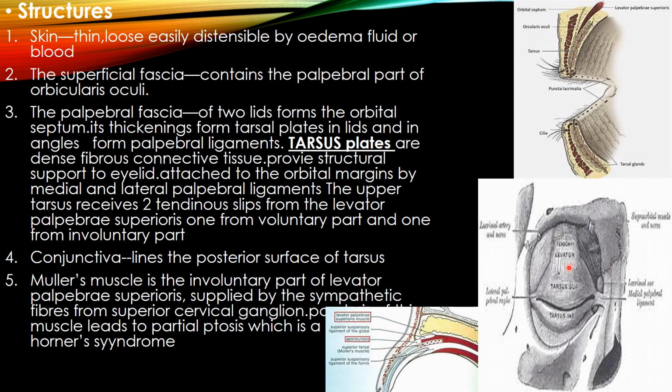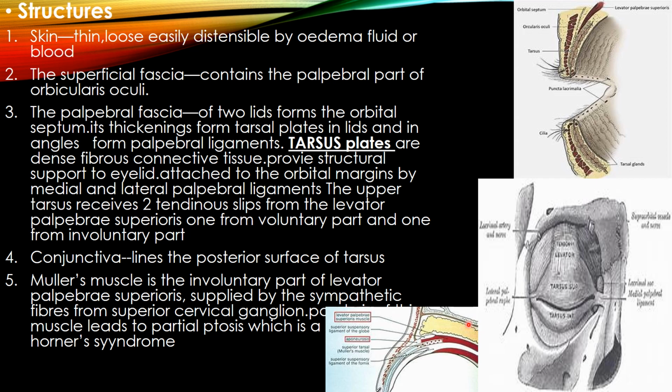The tarsal plates are dense fibrous connective tissue that provides structural support to the eyelid, forming the shape of the eyelid, attached to the bony orbit by the medial and the lateral palpebral ligaments. The upper tarsal plate receives two tendinous slips from the levator palpebrae superioris, one from its voluntary part and one from its involuntary part.